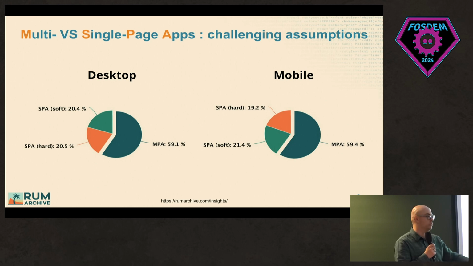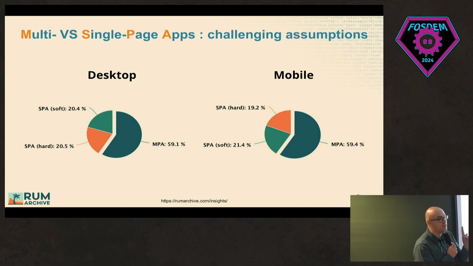That's usually the selling point for an SPA. But if you would take this at face value, you would expect a lot more soft loads than hard loads for every hard load. And if that is not actually the case, then that whole argument for SPAs doesn't actually hold true at all, right?